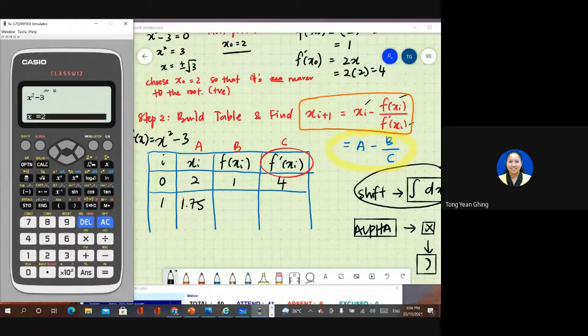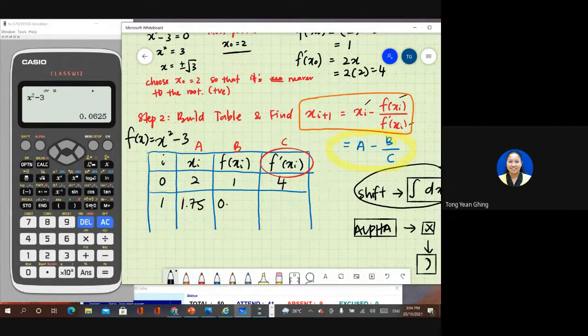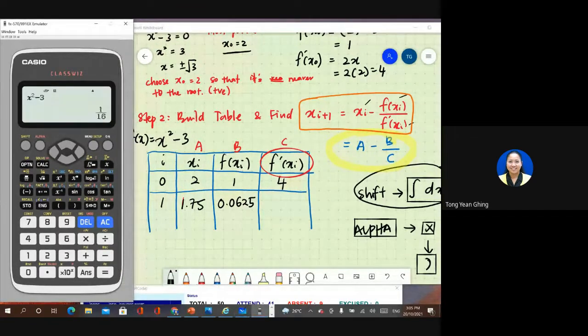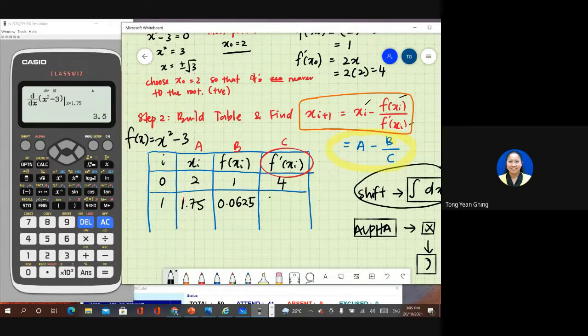So calculate, put in 1.75. So we'll get this one, 0.0625. Okay, lepas tu pergi yang beza tadi. This one. So now change this 2, change to 1.75. So get 3.5.